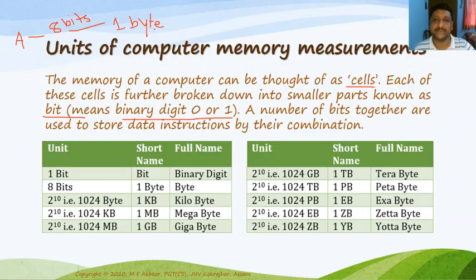This much memory is needed to store a single letter A. Now you can understand how much memory a whole book or whole data we created requires. So the memory is discussed like this. See here.